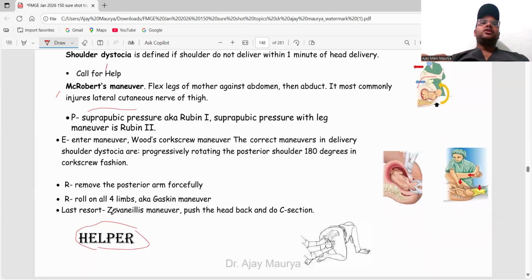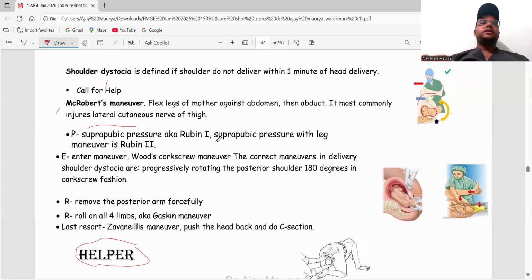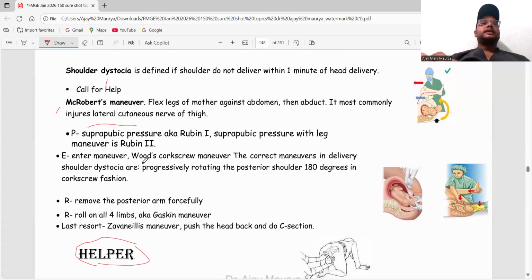The next one, P is for suprapubic pressure. The next one is E for enter, the enter maneuver, Woods corkscrew maneuver, which is the correct maneuver in delivery of shoulder dystocia, progressively rotating the posterior shoulder 180 degrees.